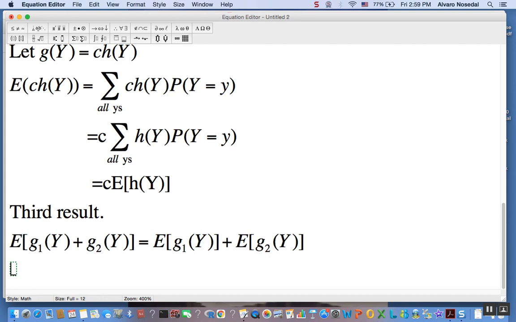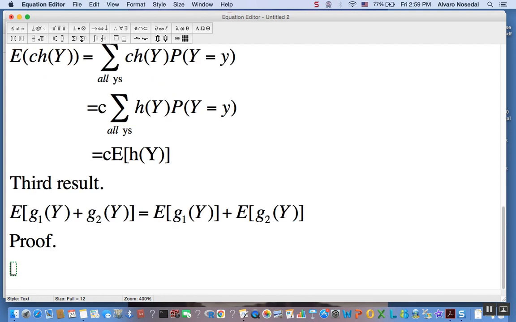Proof. So, expected value of this. By theorem 3.2, this is just another function, right? This would be a g star of y, meaning it's a transformation that is a sum of two individual transformations.